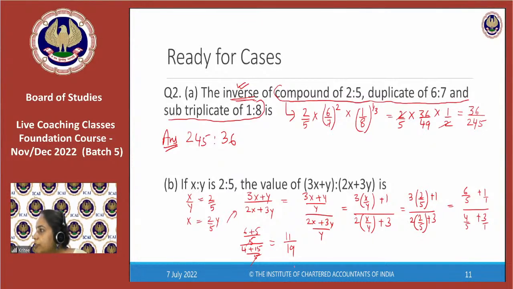Yes, you can assume that x equal to 2, y equal to 5, or x equal to 2a, y equal to 5a. That will also give you the correct answer. Yes, in all such cases, you'll get the correct answer. 11 by 19 is correct. Okay, let's go for the next one.